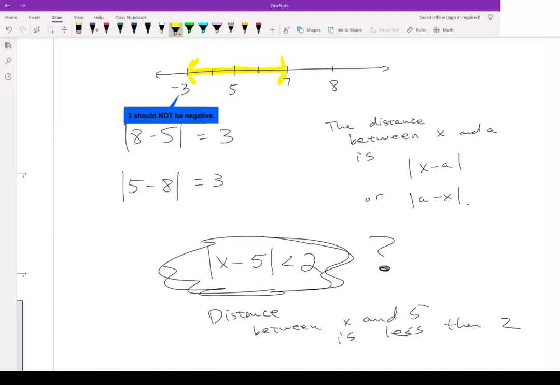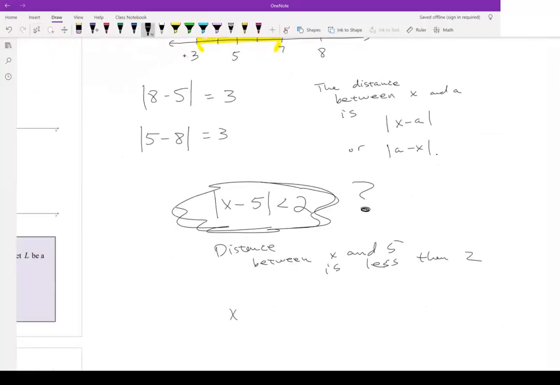Cool? Okay. And so what we're about to do is talk about the distance between x and a having to be less than some value, and I'm going to use a Greek letter, lowercase delta. For this whole discussion, we're going to have a lot of distances less than some value.